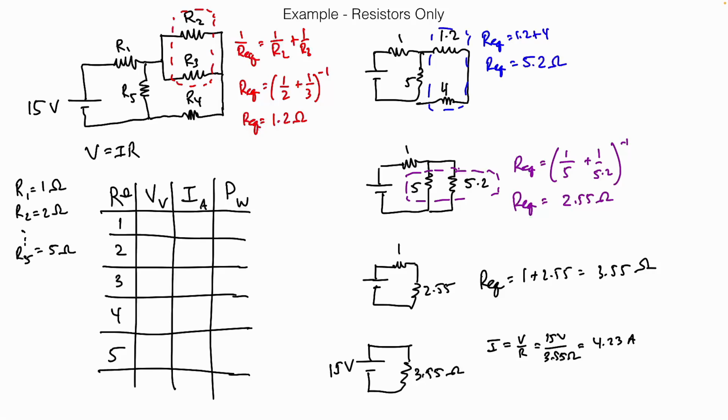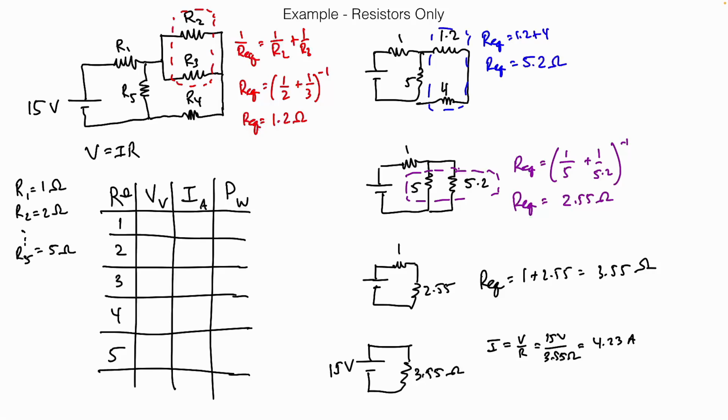So current flows out, goes through the resistor, comes back to the battery. 4.23 amps flows through this battery and through this 3.55 ohm resistor.